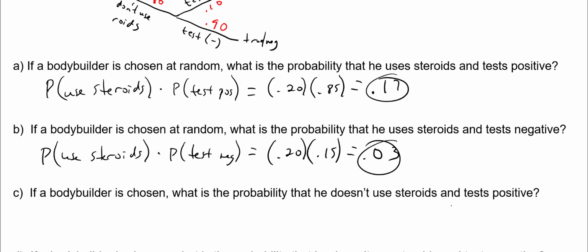C, if a bodybuilder is chosen, what's the probability that he doesn't use steroids and tests positive? So let me write this out here: probability of doesn't use steroids times probability that he tests positive.